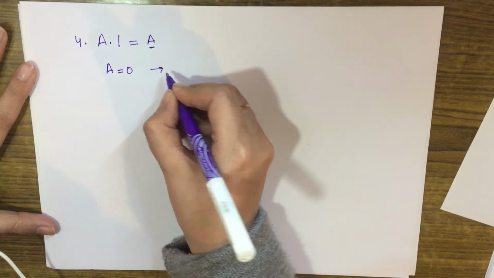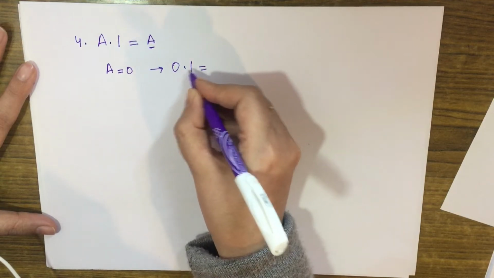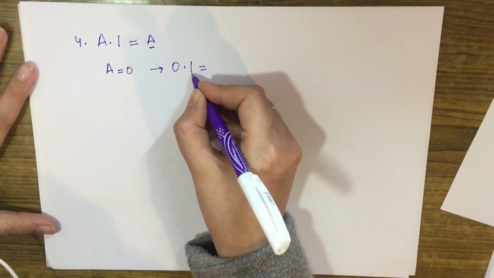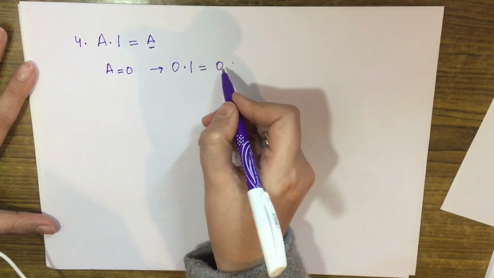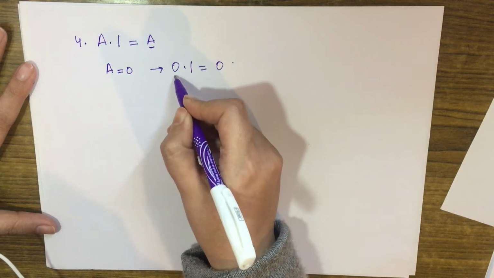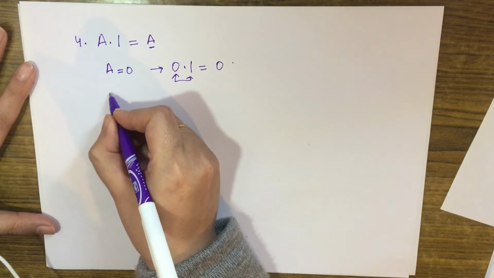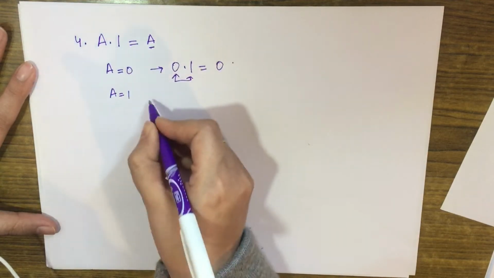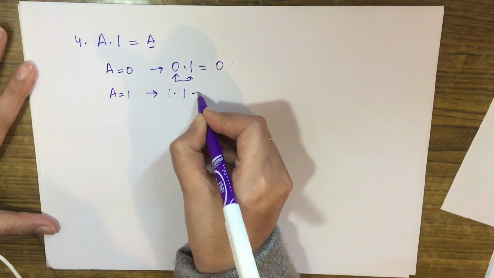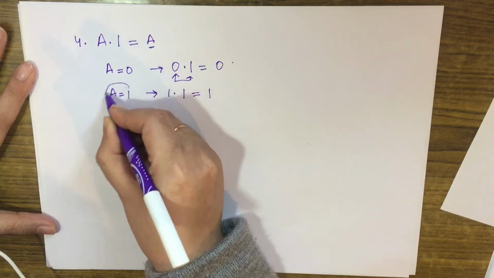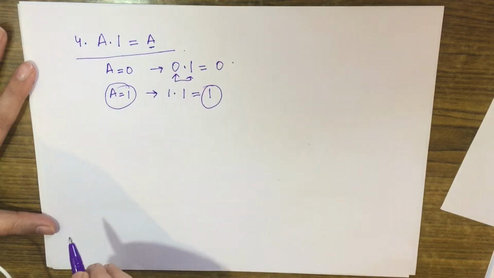Then it will be 0 and 1, which according to the truth table of AND is always 0, because to make the result high we need both inputs at high value. If we set a as 1, it will be 1 and 1, which is equivalent to 1. That is again a, the output is again a. So this is rule 4.